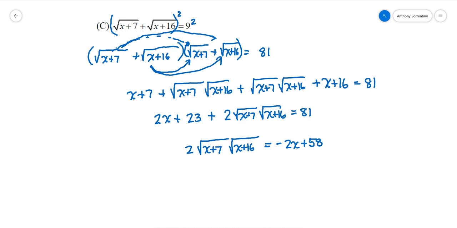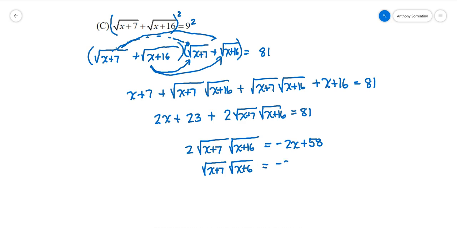Going back to some rules that we learned before, let's divide both sides by 2 because both terms on the right-hand side are also even, so I could do that. So I'm going to have the square root of x plus 7 times the square root of x plus 16.